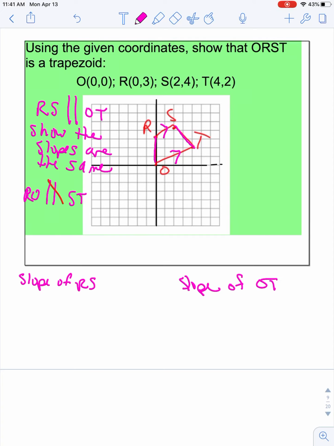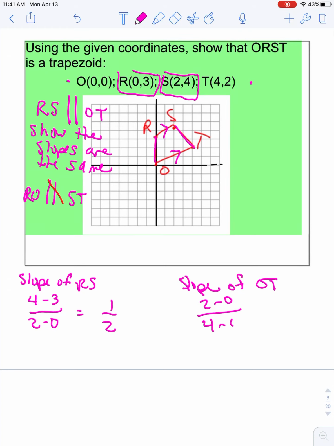So again, we take the ordered pairs for R right here and S right here, and we use y2 minus y1 over x2 minus x1, the slope formula. So I get 4 minus 3 over 2 minus 0, which gives us a slope of 1/2. The slope of OT, so O and T, again is y2 minus y1, so 2 minus 0 over x2 minus x1, 4 minus 0, which is 2/4, which is equal to 1/2.